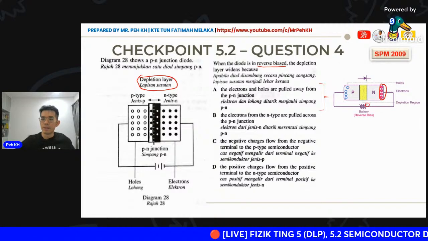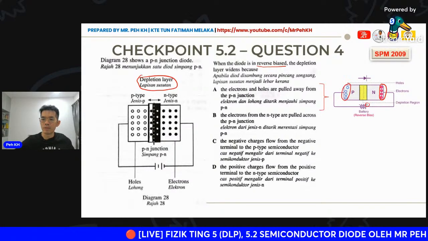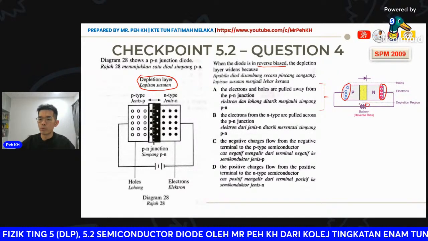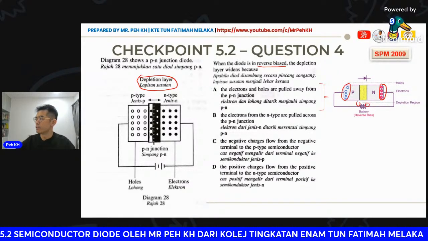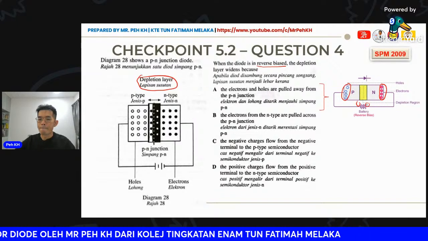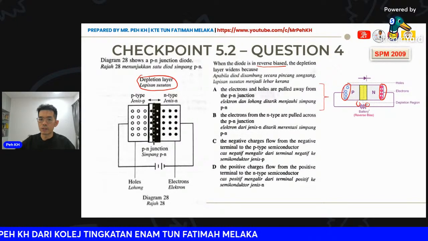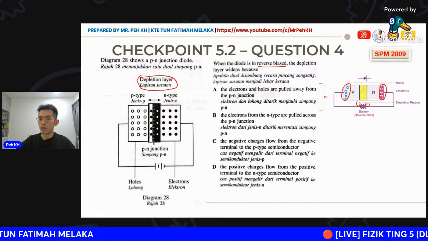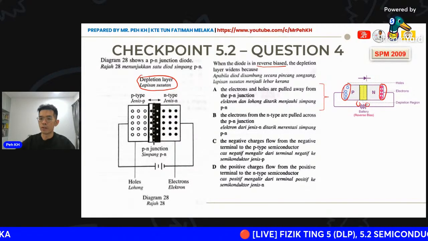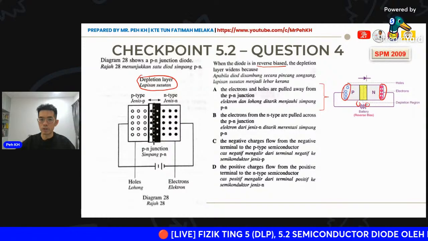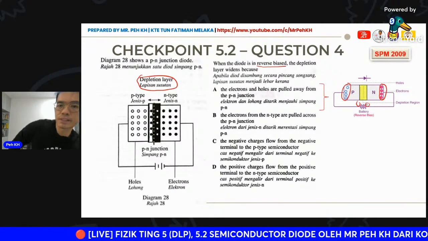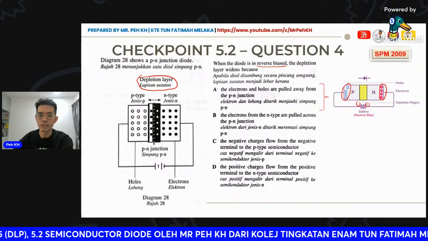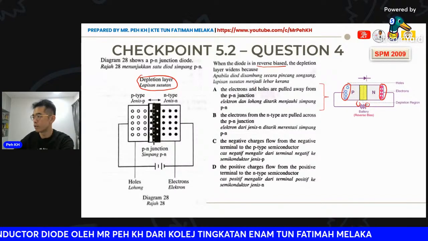Then the hole, which is a positive charge, will be pulled to the negative terminal of the battery. This causes the current to not be produced, because no carrier will move across the junction. So for the reverse bias, the electrons and the holes will be pulled away from the PN junction. So the answer should be A for students.